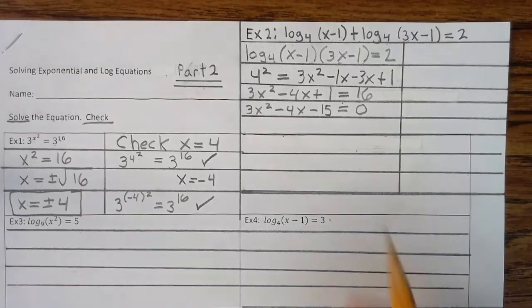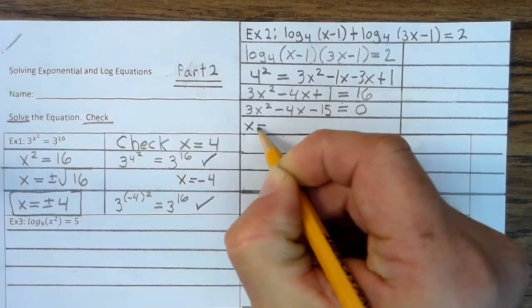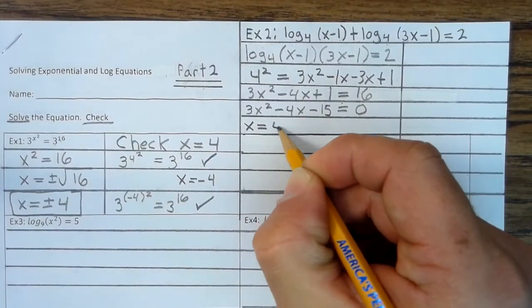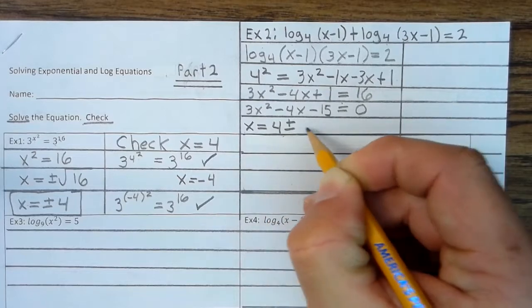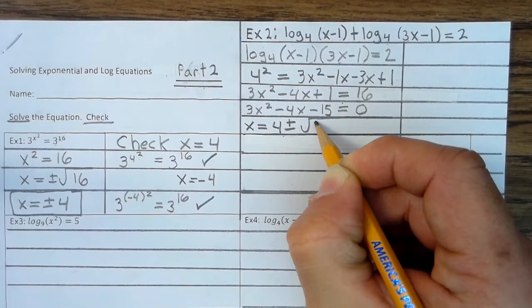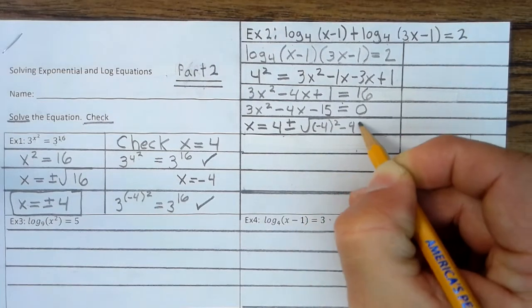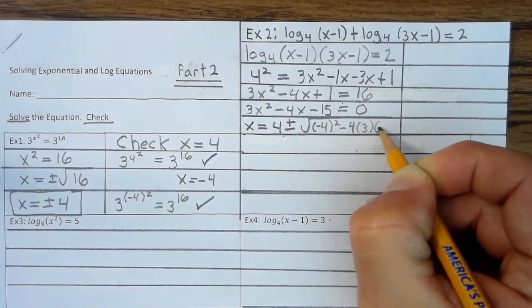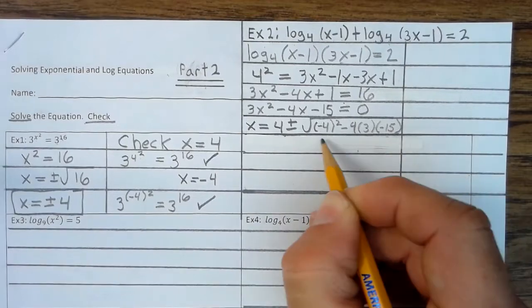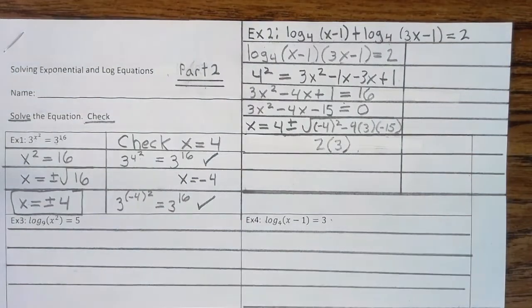All right, this doesn't appear to be factorable, so let's use the quadratic formula. So we use x equals negative of negative 4, which is a positive 4, plus or minus the square root of negative 4 squared minus 4 times 3 times negative 15, divided by 2 times 3.